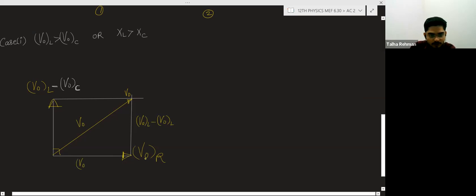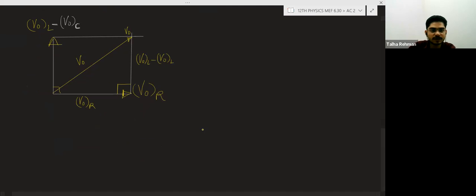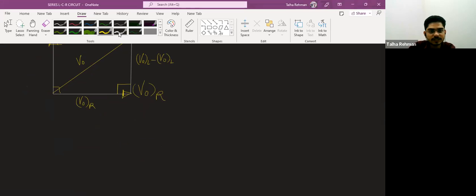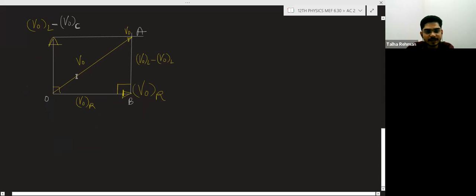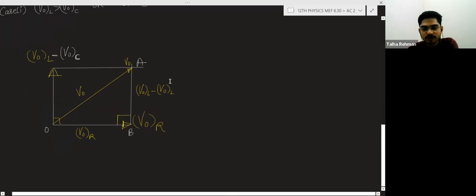And this becomes a right angle triangle. Suppose this is point O, this is point A, and this is point B. Now see in triangle OAB, can we apply the Pythagoras theorem?